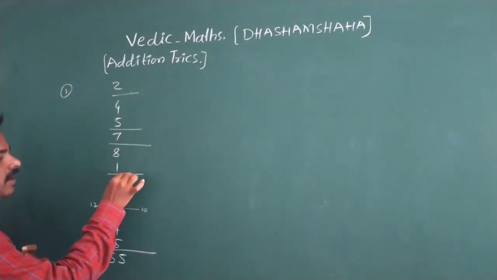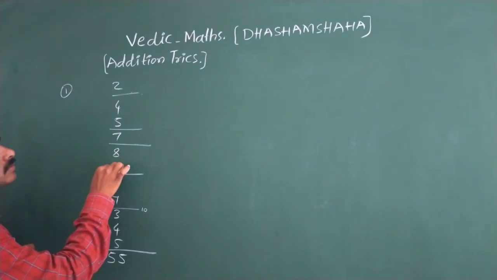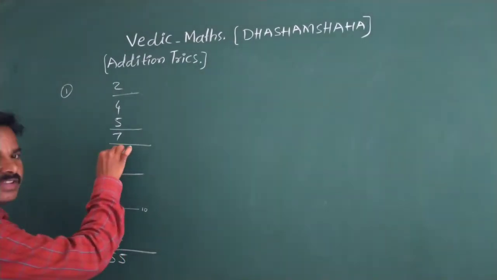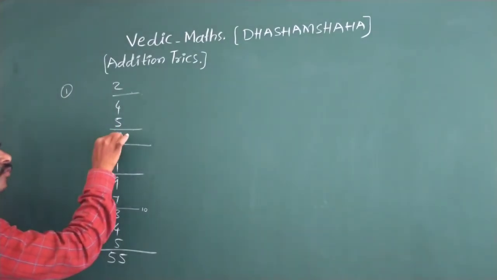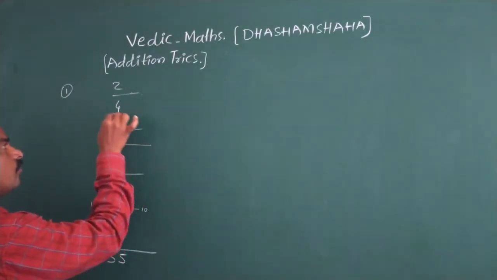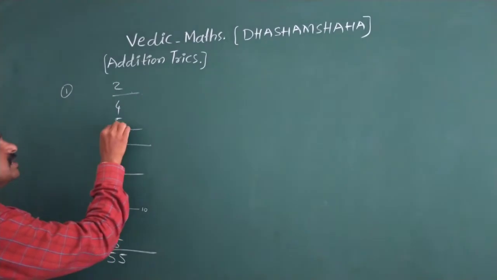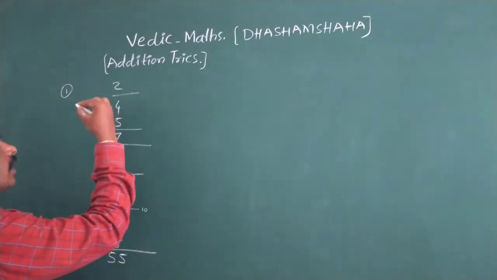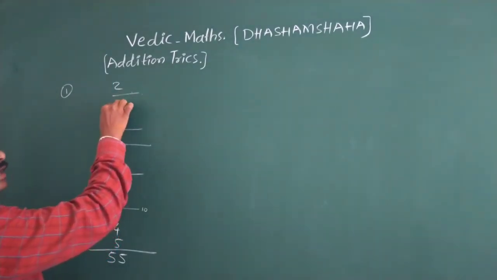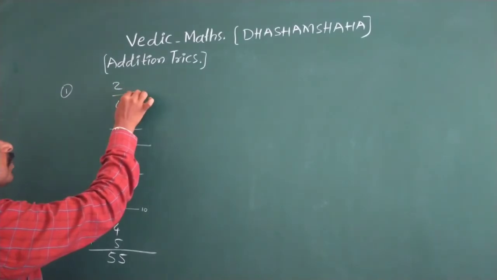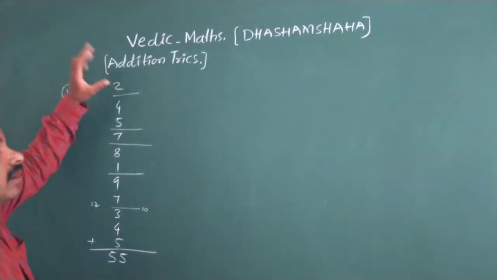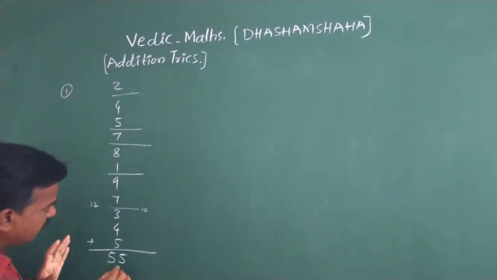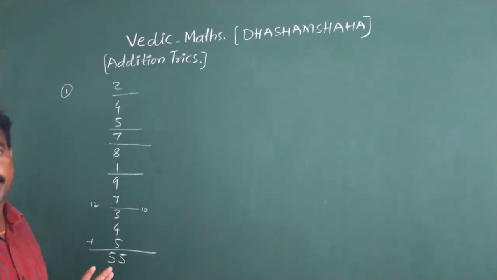You drop 10 and remaining 8 plus 1, 9 plus 8, 17. You drop 10 and remaining 7 plus 7, 14. You drop 10, remaining 4 plus 5, 9 plus 4, 13. You drop 10. The remaining 3 plus 2, 5. Total we got 5. That 5 we should write in its place.